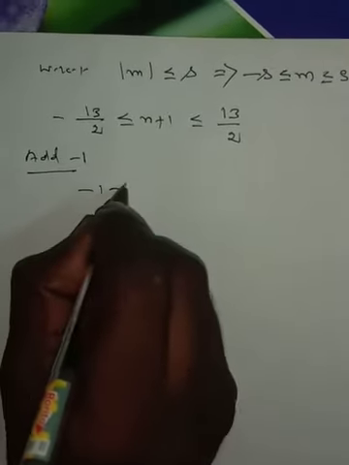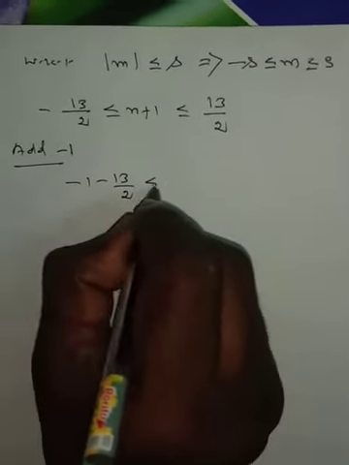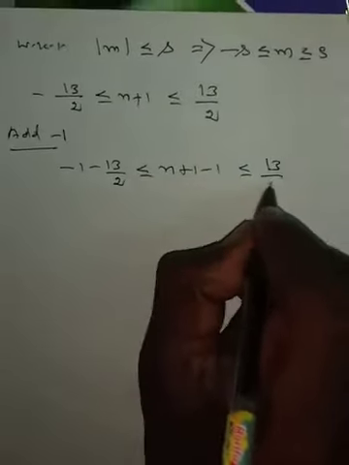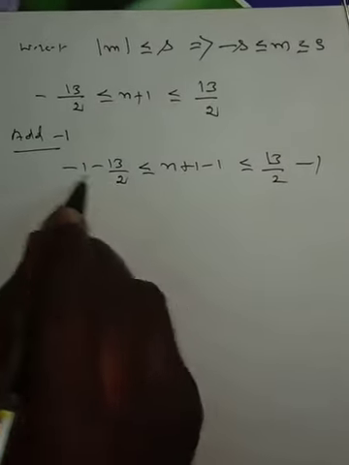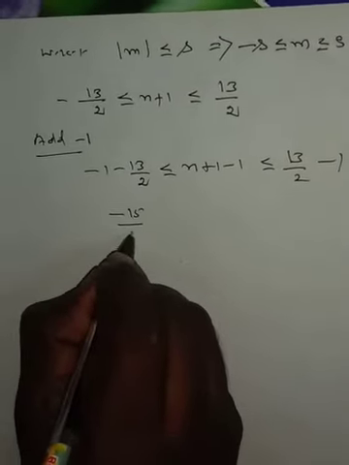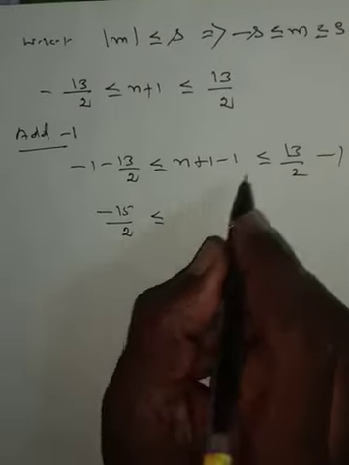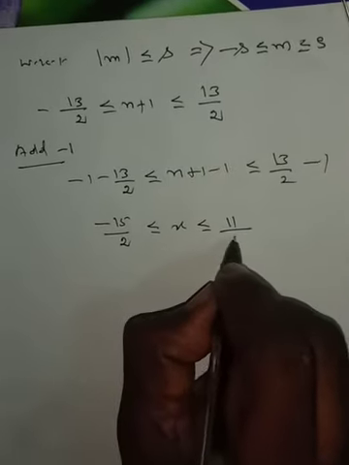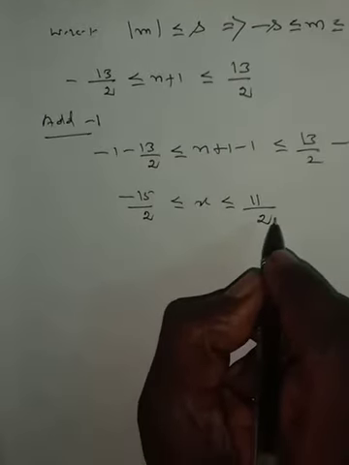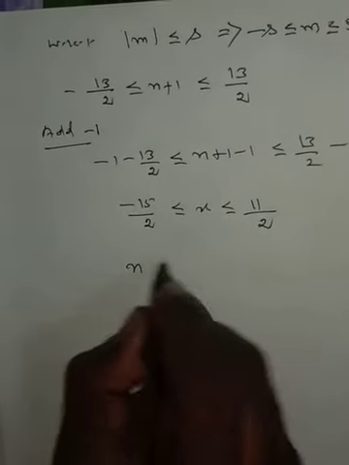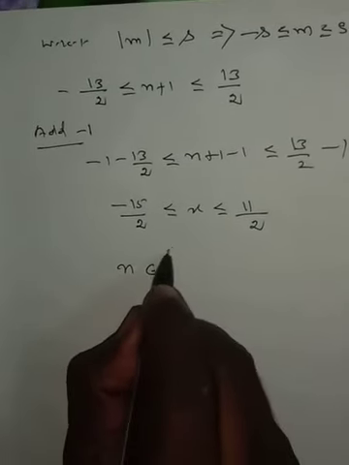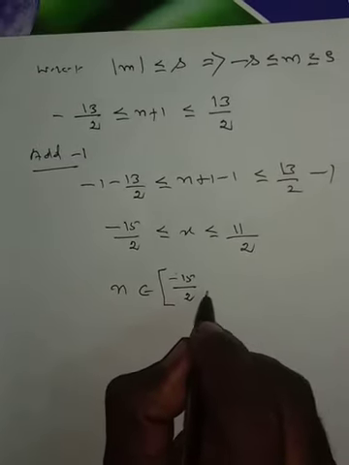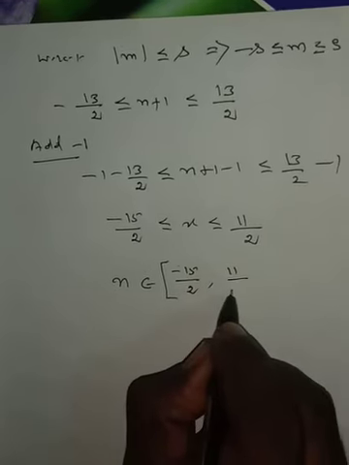So minus 1 minus 13 by 2 less than or equal to x plus 1 minus 1 less than or equal to 13 by 2 minus 1. Taking LCM we have minus 15 divided by 2 less than or equal to x less than or equal to 11 by 2. So x belongs to the closed interval minus 15 by 2 comma 11 by 2.